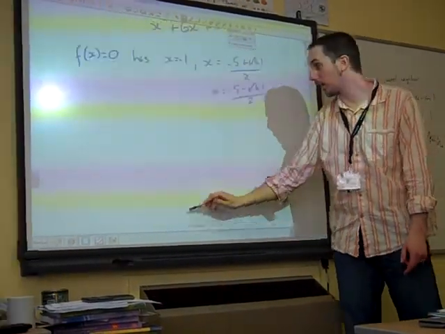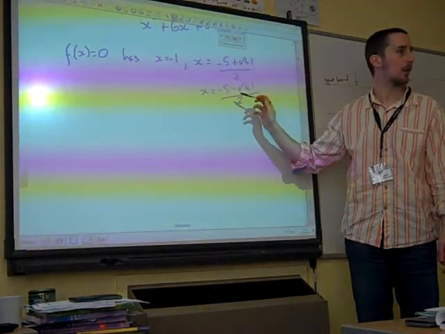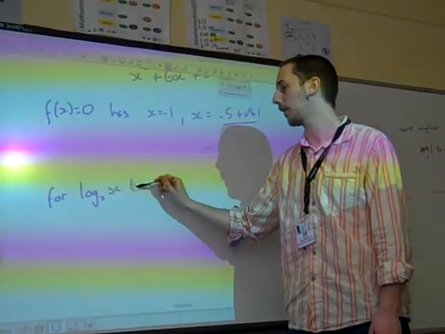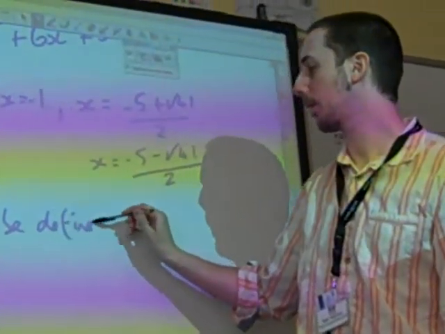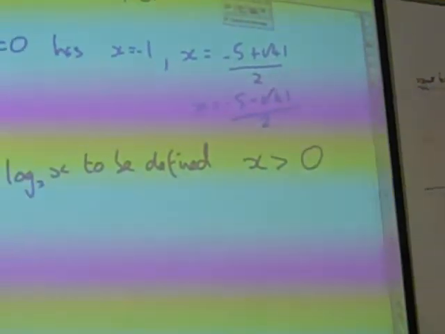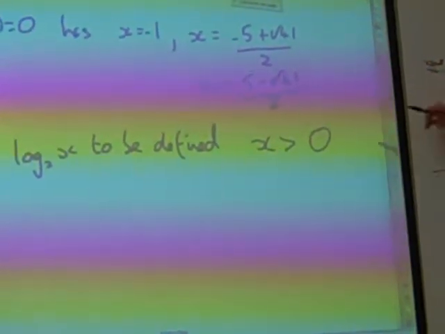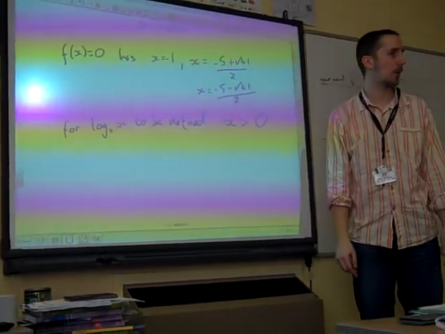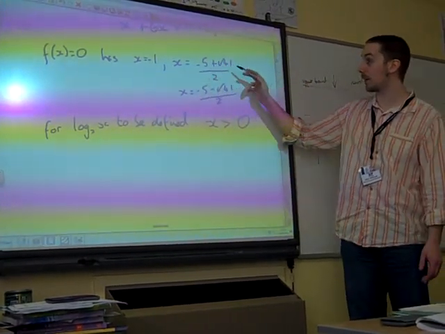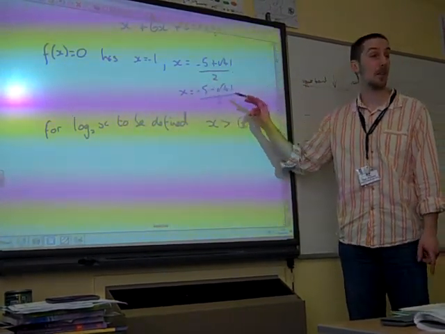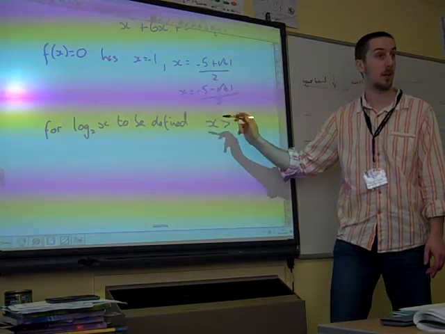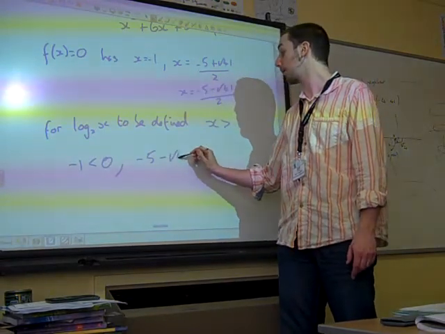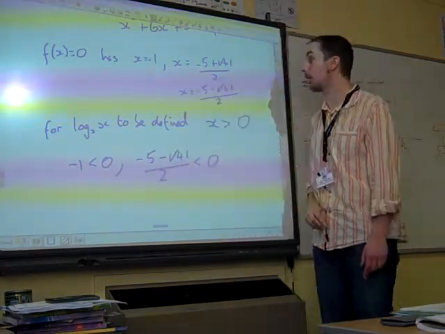Back to this equation then. Not all of those are positive. For log base 2 of x to be defined, x must be bigger than 0. That has to be true. Well, x equals -1 isn't bigger than 0, so that one's no good. -5 minus root 41 over 2 must be negative. -1 is less than 0. -5 minus root 41 over 2 is less than 0.